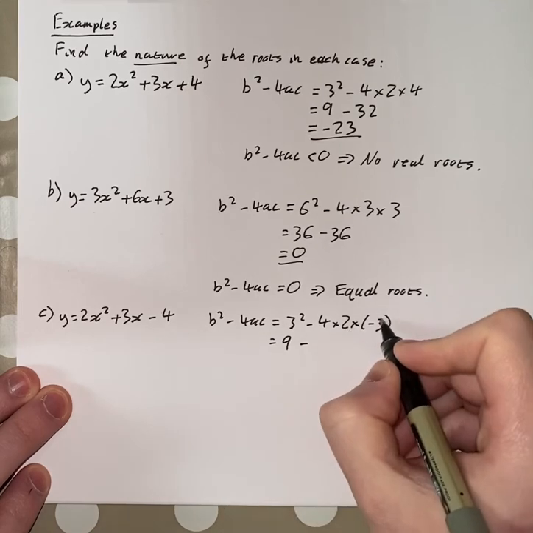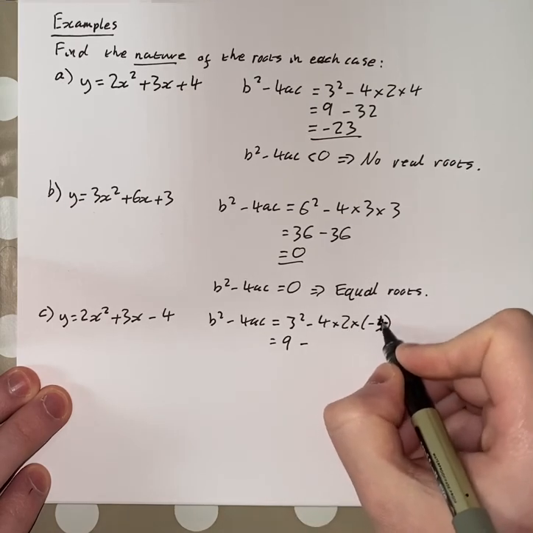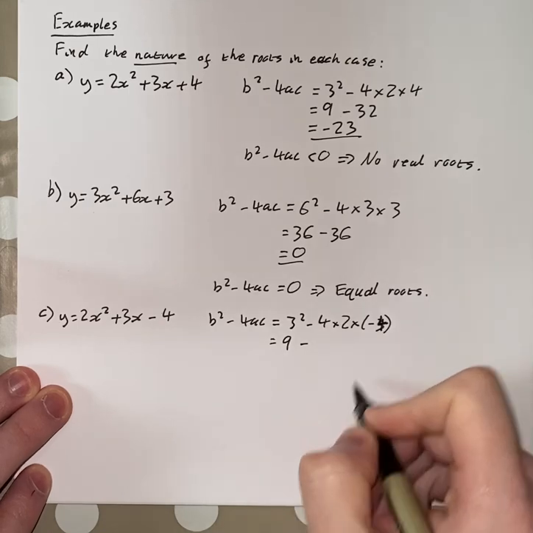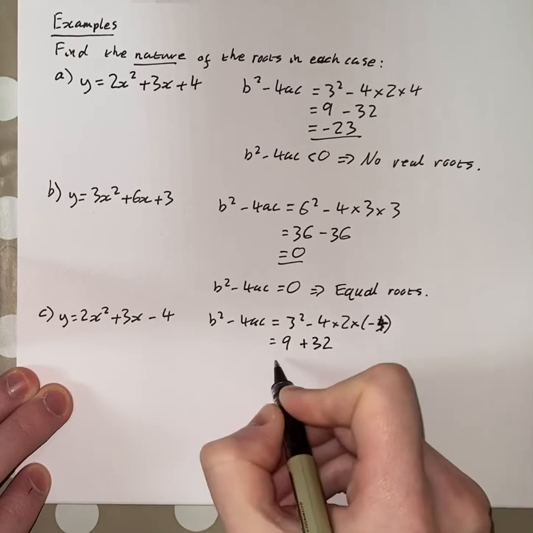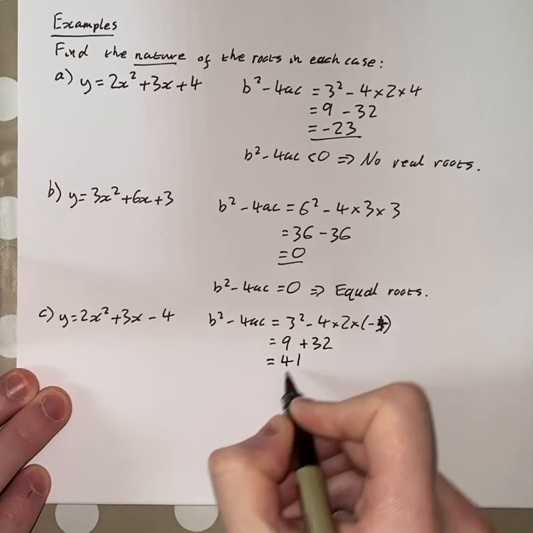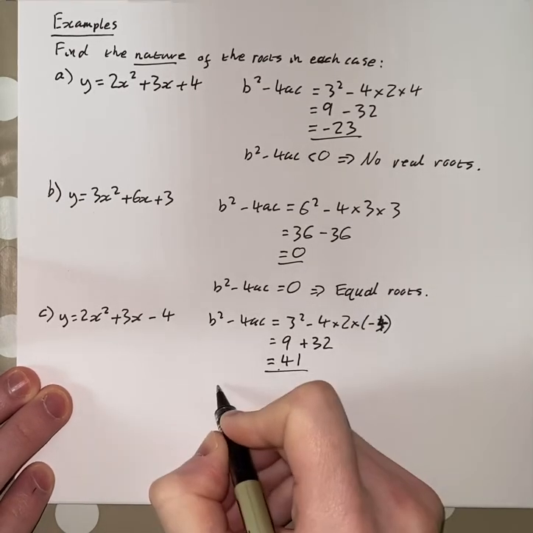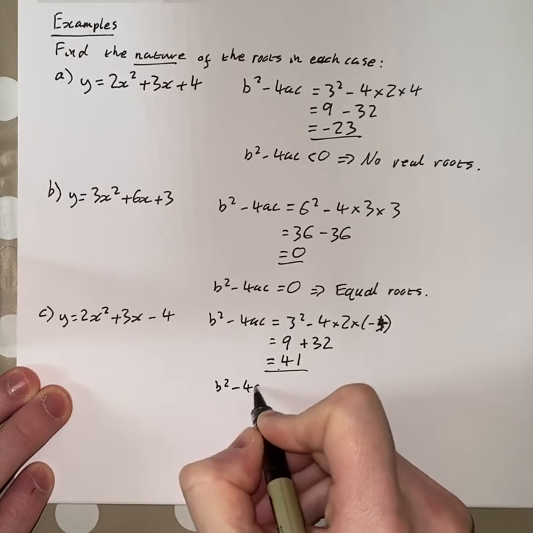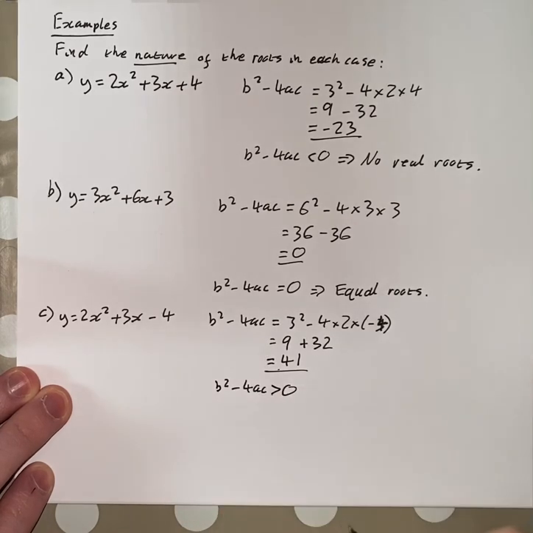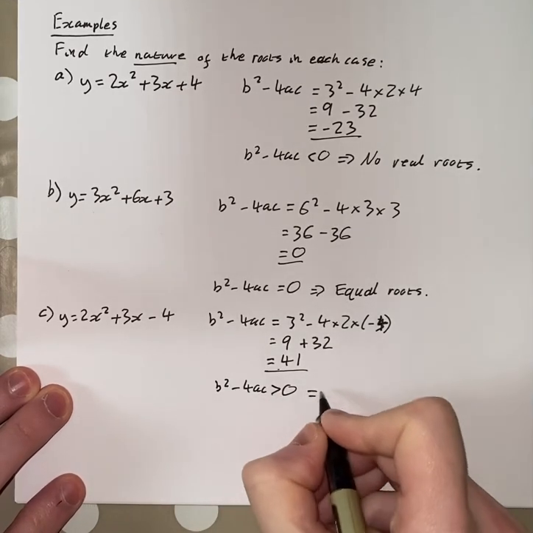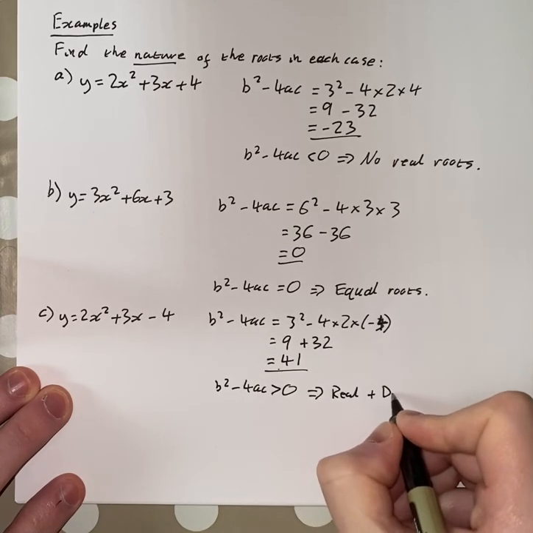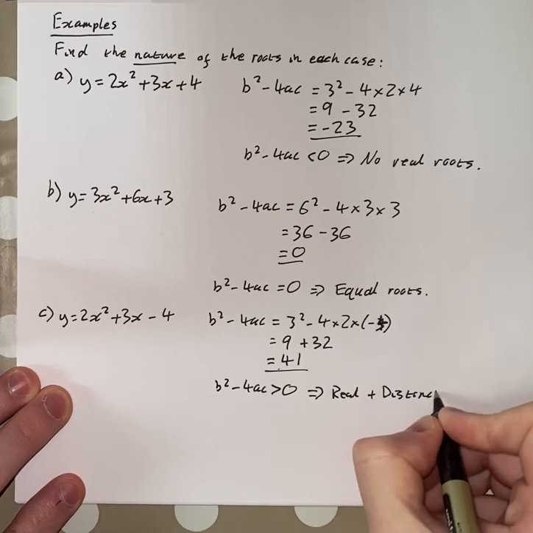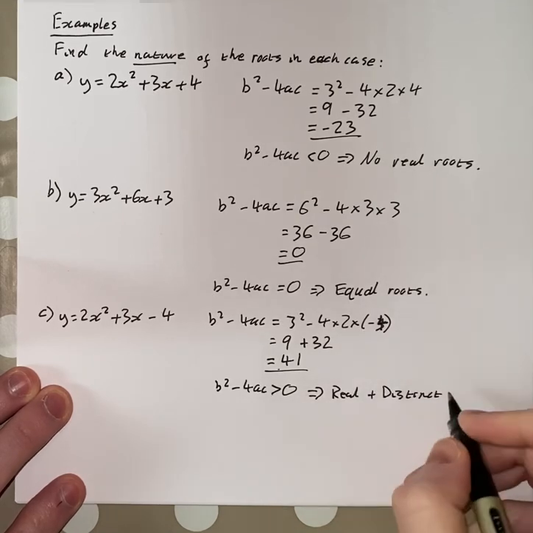Sorry, that should be a 4 in there, my apologies. 4 times 2 is 8, times 4 would be 32, but because we're multiplying by this negative, this becomes 9 plus 32, which is 41. So b squared minus 4ac is positive, greater than 0, so we have real and distinct roots. They're real, they exist, and they're distinct. They occur at 2 different points.